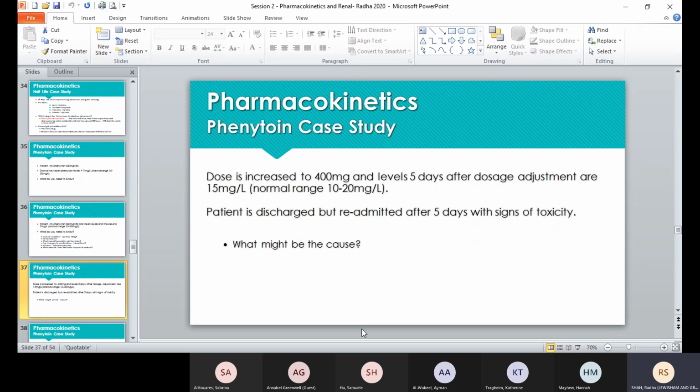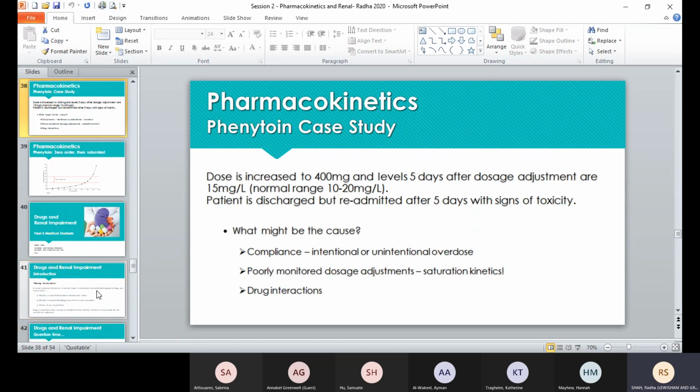And then we would have to monitor, and usually the level would be taken not just after 5 days, but after about 10 days of phenytoin administration. So it would be given daily for about 10 days and we'd monitor them before we would say, okay, fine, their level is in range.